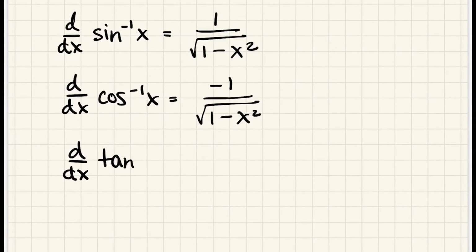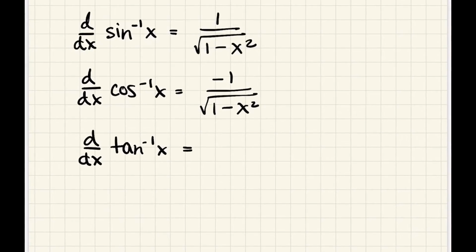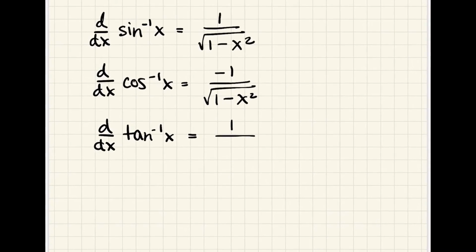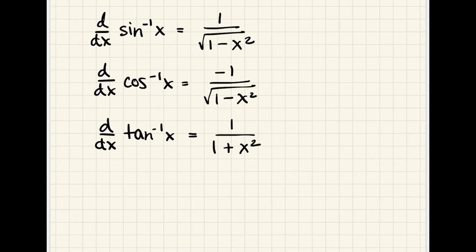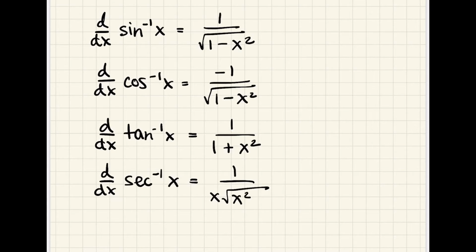Derivative of inverse tangent, this one actually comes up a surprising number of times in Calc 2. Derivative of inverse tangent is 1 over 1 plus x squared. Okay, and the derivative of inverse secant is 1 over x radical x squared minus 1.